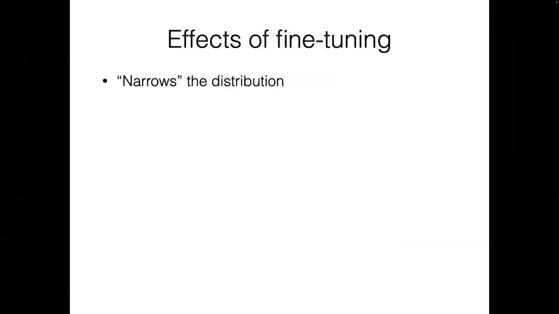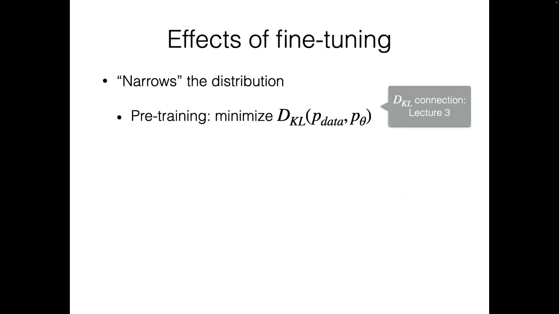So this one is a bit maybe mathematical, but I personally think it's pretty interesting. One way you could think about this is that fine-tuning is taking this pre-trained model, which has a really general distribution over the pre-training data, and it's somehow narrowing the distribution to the data set that you're fine-tuning on.